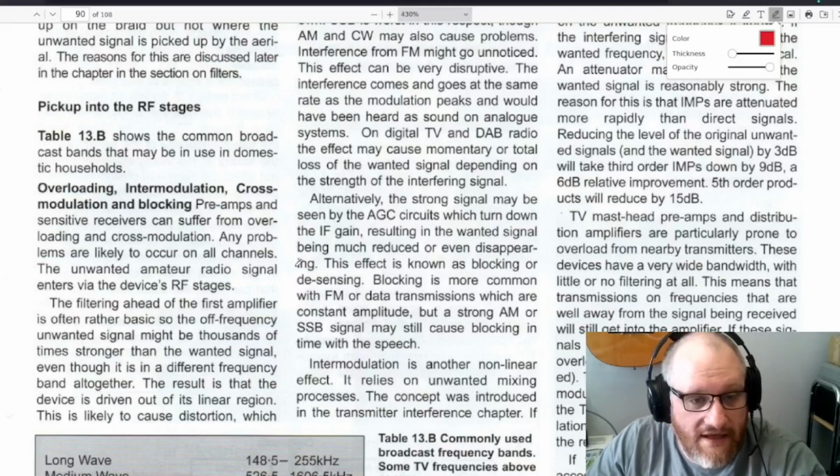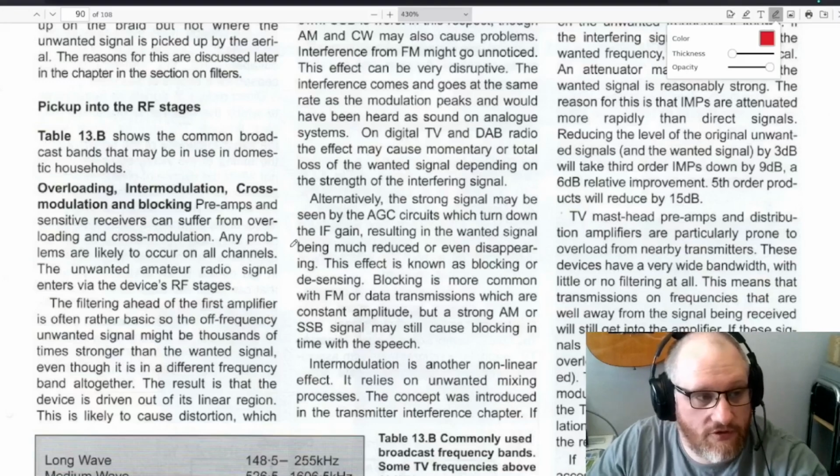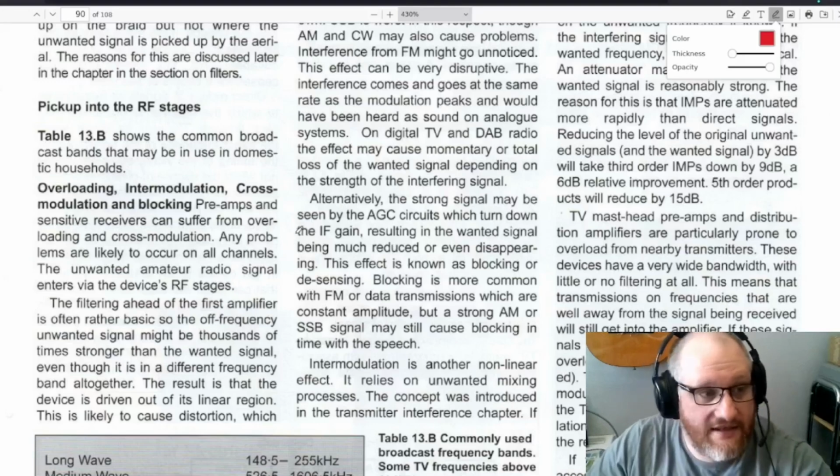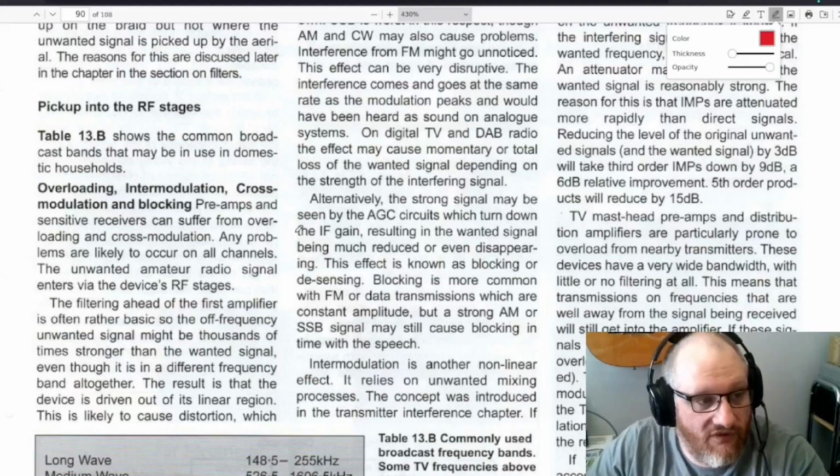Overloading is the result of a very strong signal. It may be off frequency from something you're trying to listen to, or on a completely different band altogether, and it could get into your receiver, maybe because there's poor filtering in front of devices in your receiver, and it causes those devices to be driven outside of their linear region.